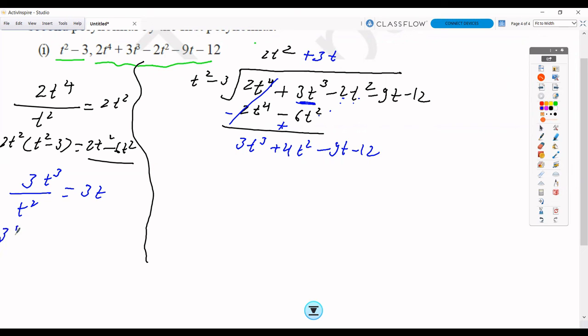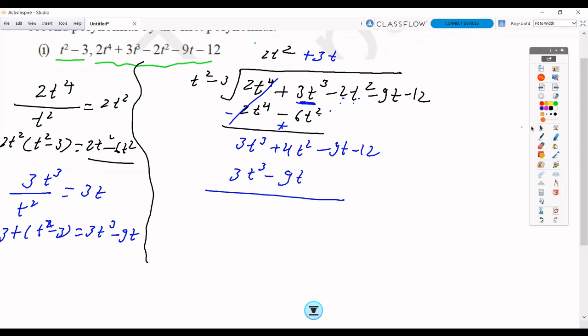Now 3t is multiplied by t square minus 3, and we get 3t cube minus 9t.